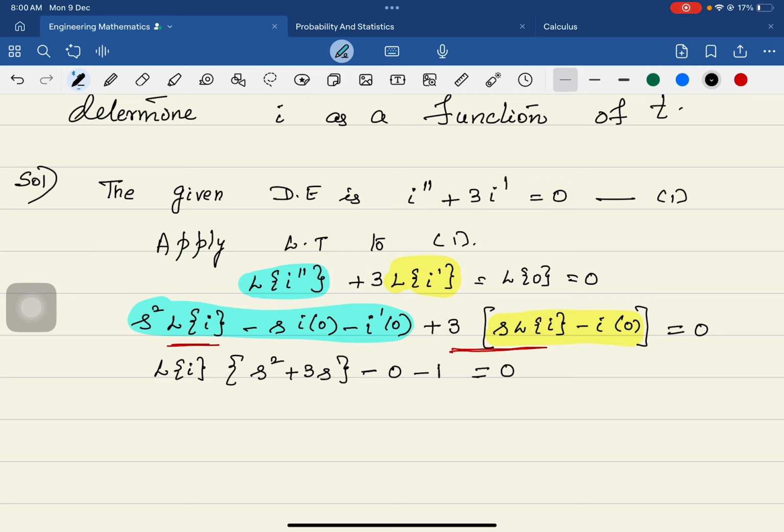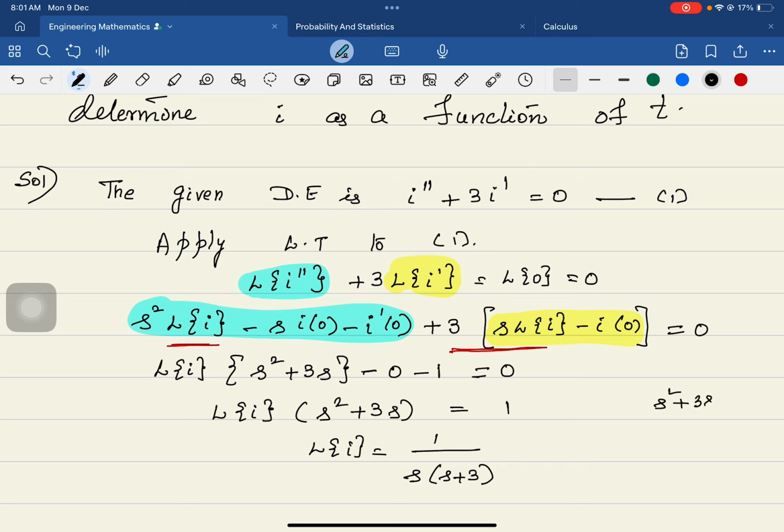So now what is your L of I? L of I times S square plus 3S is given by 1, and therefore L of I is 1 over S square plus 3S. That means I can rewrite this as S into S plus 3. S square plus 3S, S is common, as S times S plus 3 we can write.